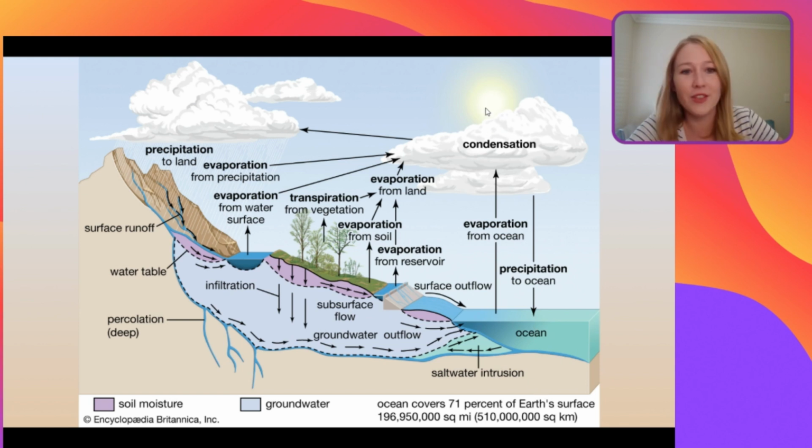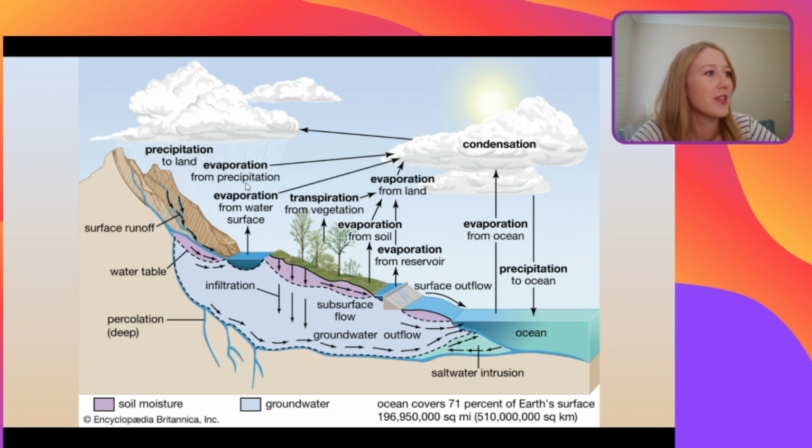You've got the sun over there, evaporating water, then the clouds blow onto land, and you get the rain, the precipitation, and then that will flow down the mountain and get all the way back to the ocean. But as you can see, there are many more processes, many more steps involved from that very basic little water cycle. So in some cases, it would rain straight back into the ocean. Not all of it reaches inland.